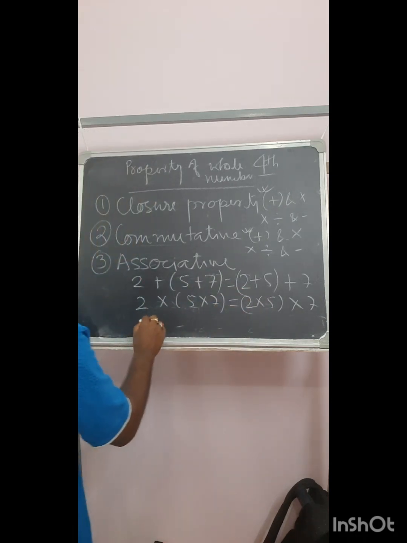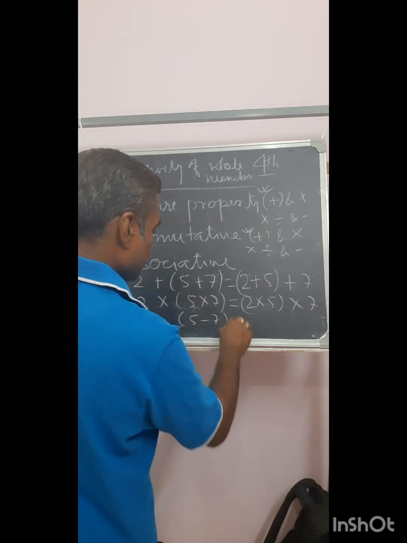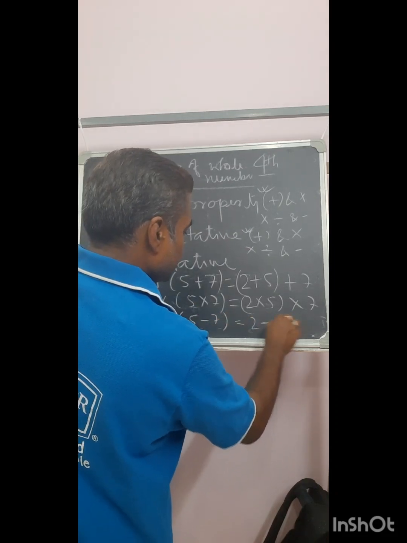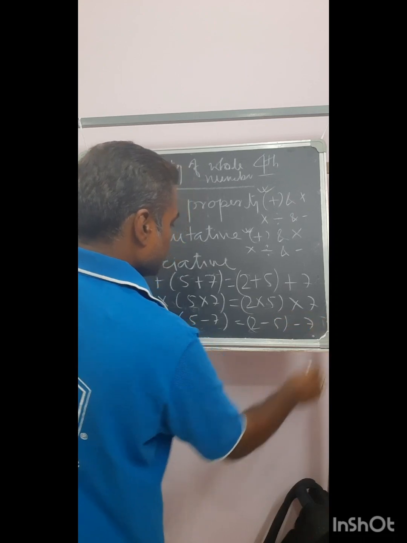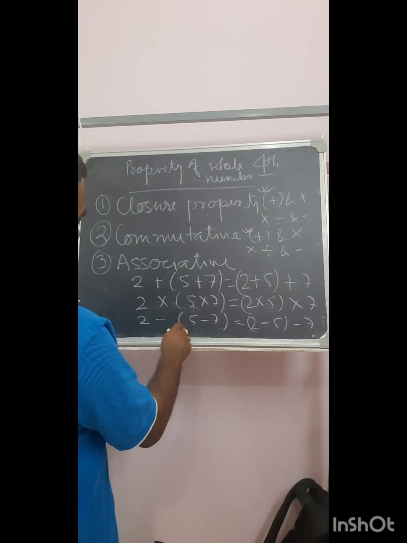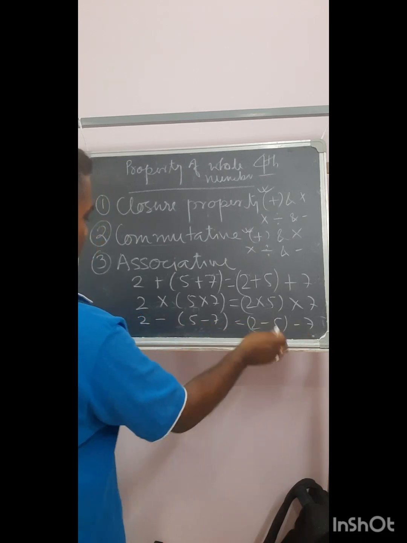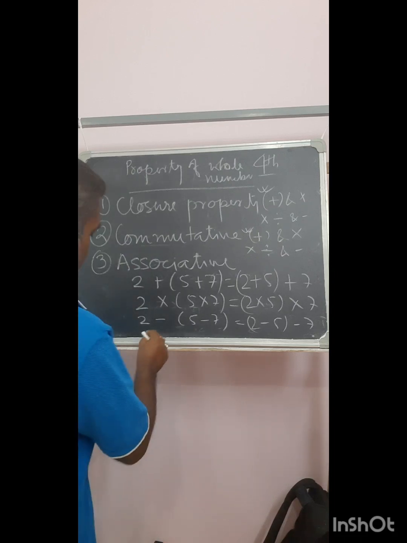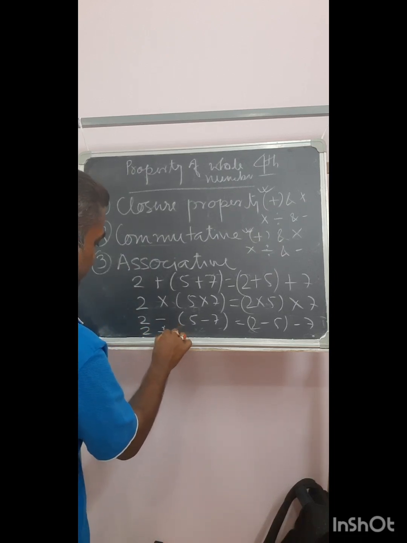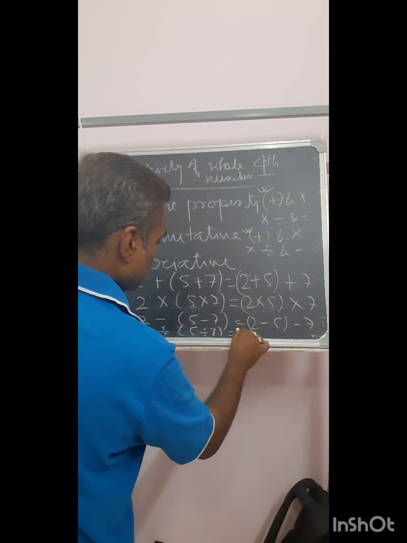But if I do the same with subtraction, it won't give you the same result. You see, 2 minus 5 minus 7, if I remove the bracket, it will be plus 7, whereas otherwise it is minus 7. So the result cannot be the same. And the same thing for division, it also gives a different result.